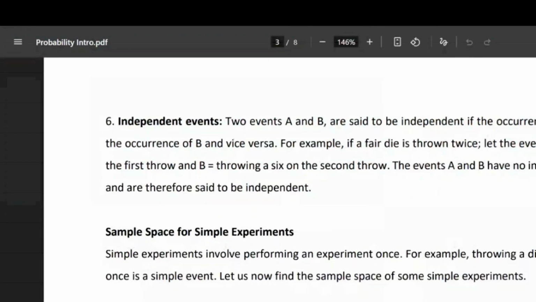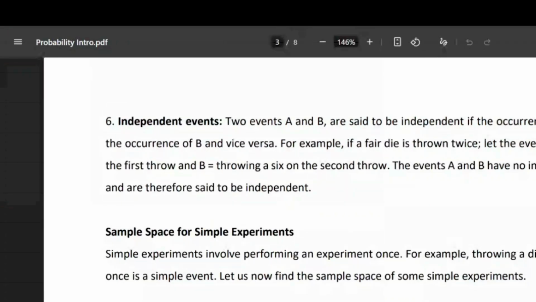For instance, if you have a sack that has 2 blue balls and 3 green balls, making 5 balls in the sack.